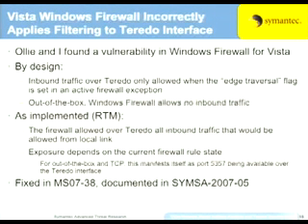Now, Ollie and I did find a vulnerability in Windows Vista in the firewall specifically, and we reported this to Microsoft. Sort of by design, what was supposed to happen is that inbound traffic over Teredo was only allowed when there's a special flag set, edge traversal, in an active firewall exception.